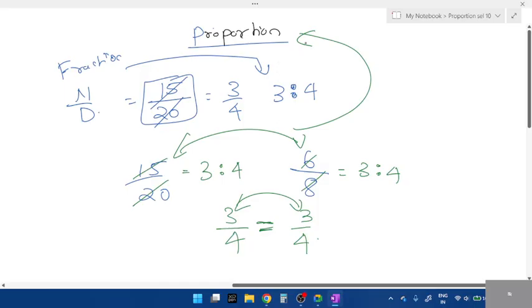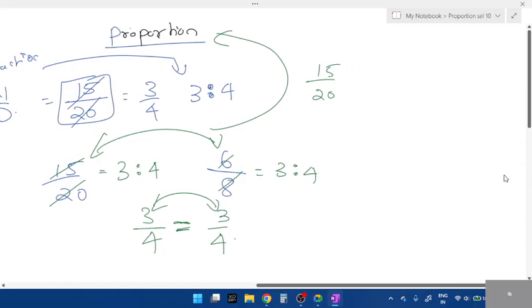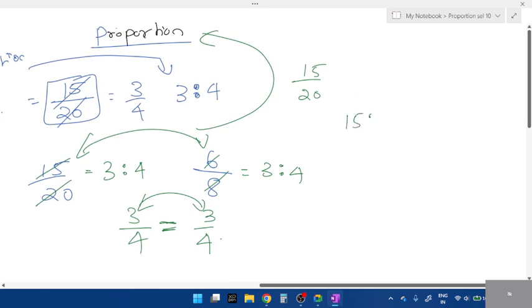Basically, proportion is two ratios put together and those two ratios should be equal. Okay, 3 by 4, 3 is to 4 and 3 is to 4. 3 is to 4 in the sense, this is not the actual thing, it is 15 by 20. See, like this, students. 15 is to 20 is equal to 6 is to 8.